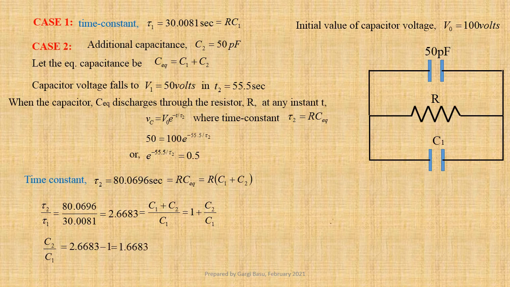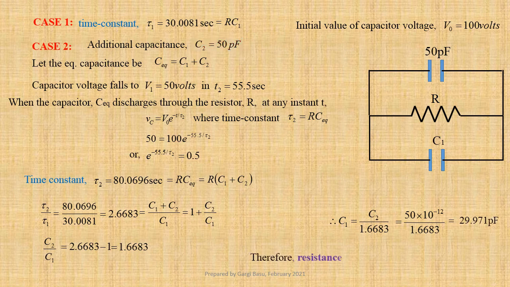Therefore, C1 equals C2 divided by 1.6683. Using value of C2, we get 50 into 10 to the power minus 12 divided by 1.6683. That gives us 29.971 picofarad.